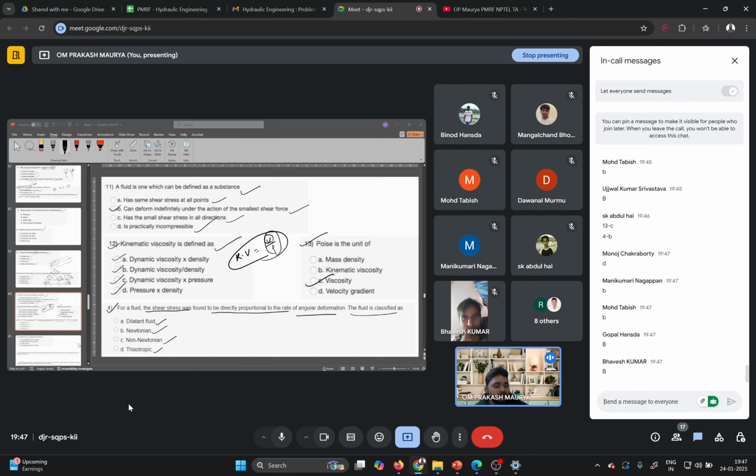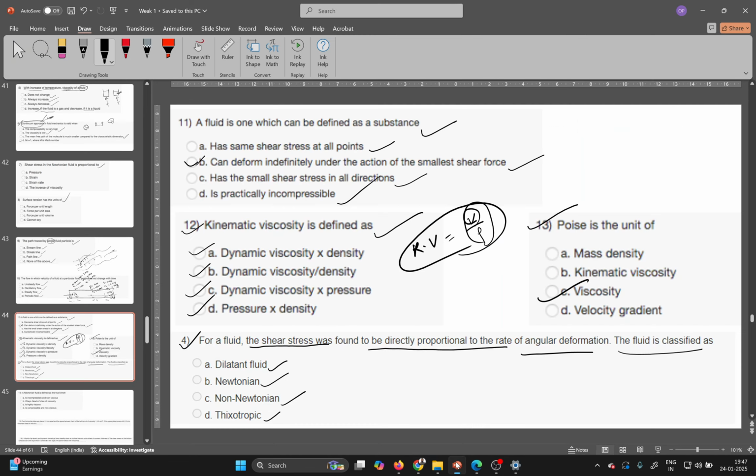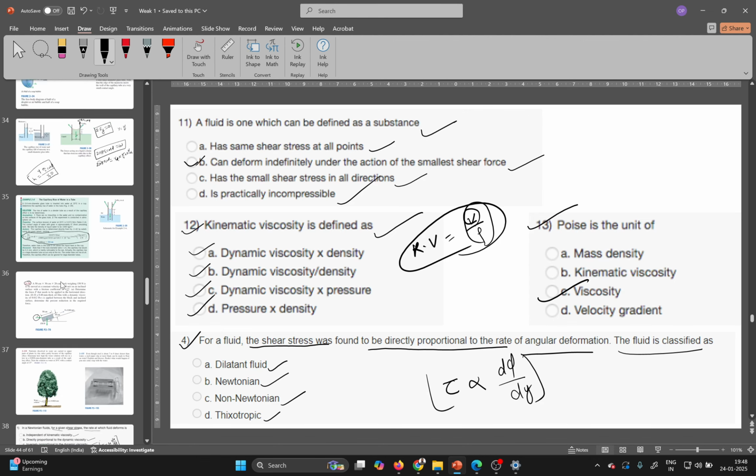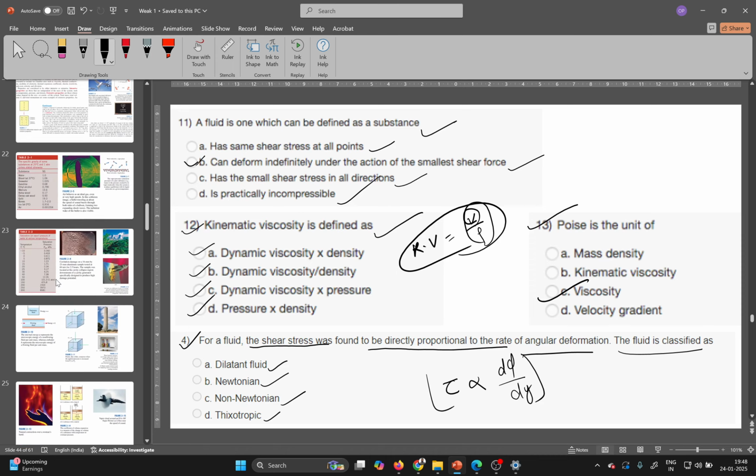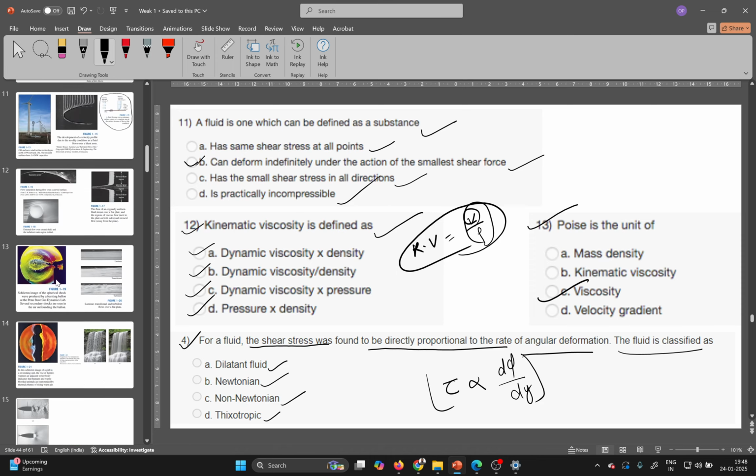Everyone is telling D, but definitely B will be correct. Manoj, remember, the shear stress is directly proportional to the angular deformation, d phi by dy. What is meant by angular deformation? In the first slide I have a pictorial representation of this.